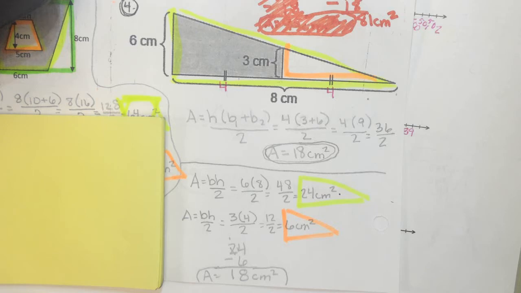Or just this shape? What are your numbers? What are your answers? I have the 18. I have the 24. The 6 is this little triangle. I just forgot to draw the other line.